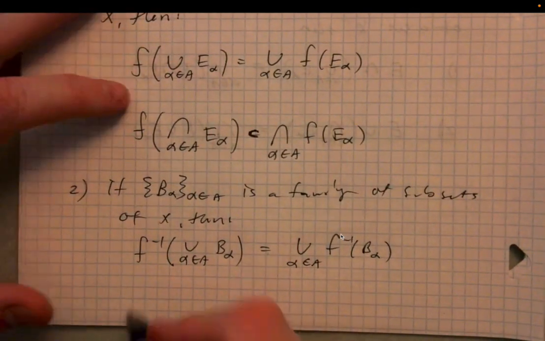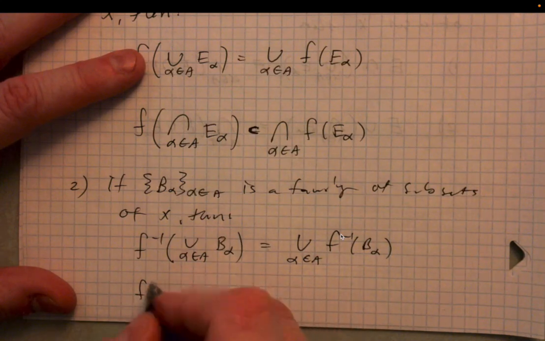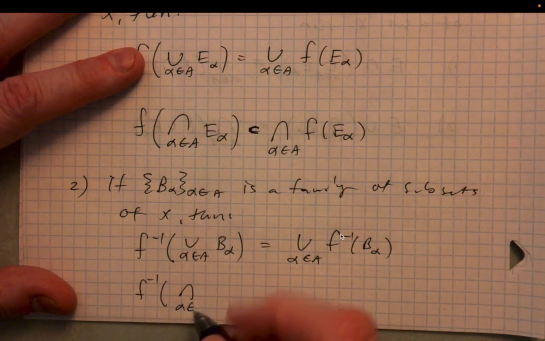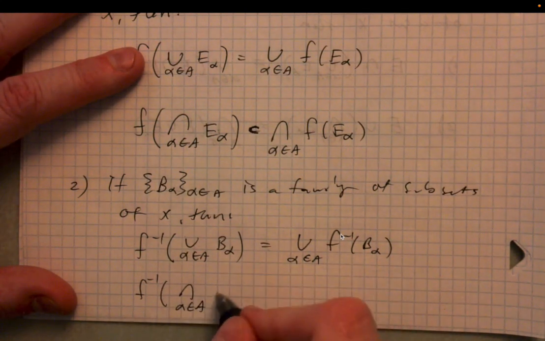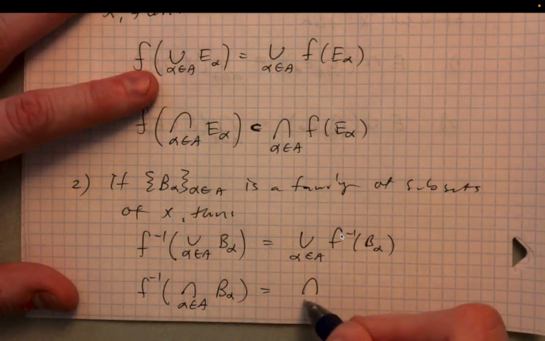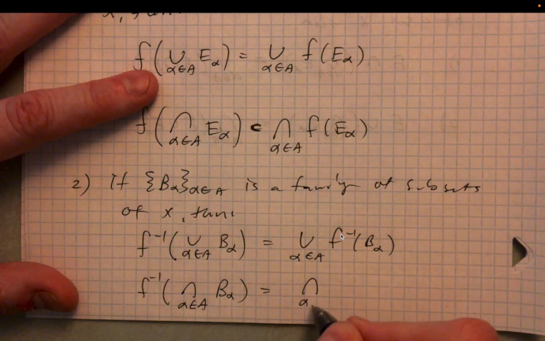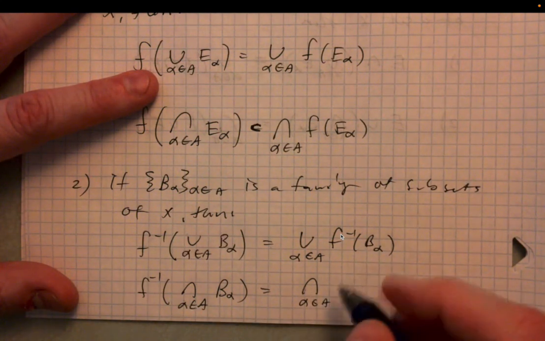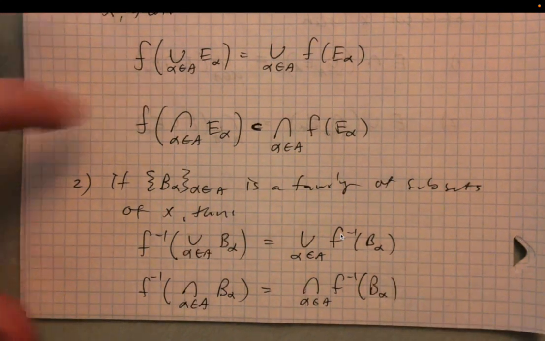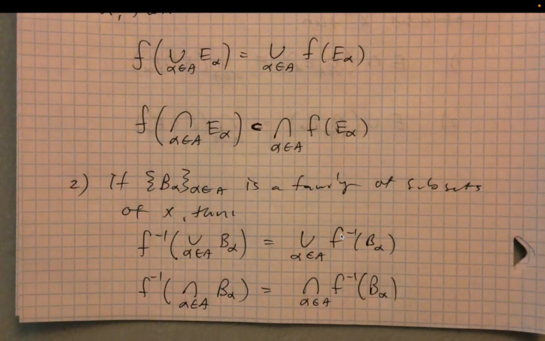And then the intersection works the same way under the inverse function. So f inverse of the intersection of the entire family is indeed equal to the intersection over alpha in A of each individual subset evaluated under the inverse of f.